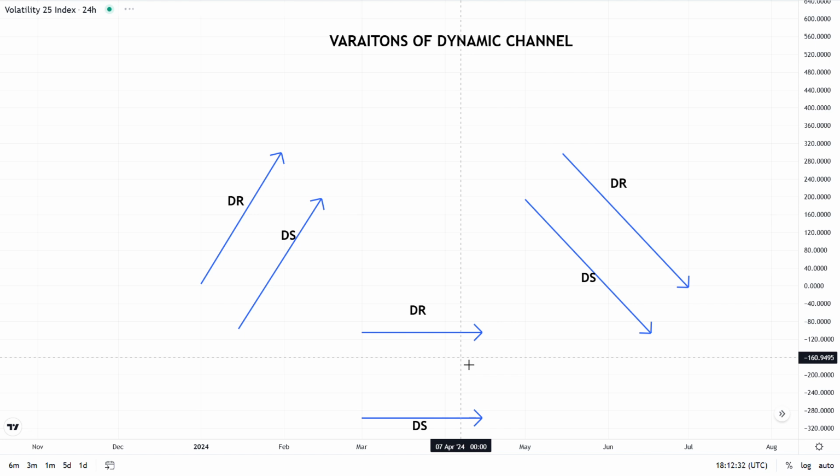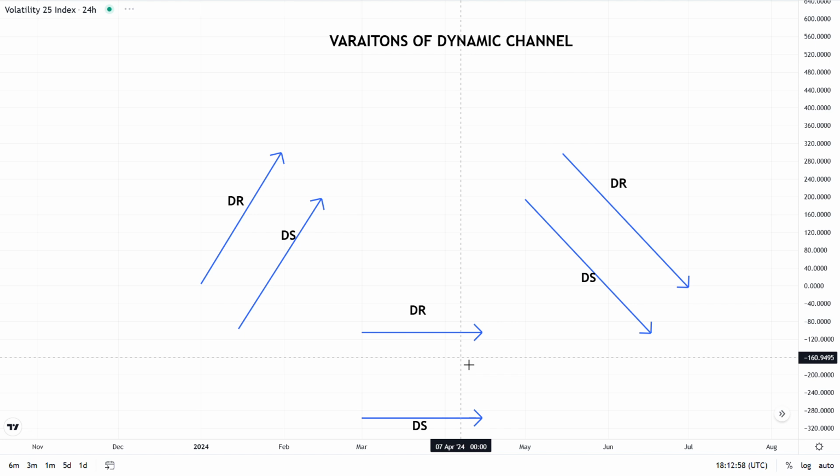You get it, these variations of dynamic channels help you make trading decisions. This includes identifying high probability trading areas. The dynamic channel also defines the dominant price range on the trading chart, which is very important for trading, and also your trade entry, your stop loss and your take profit targets.